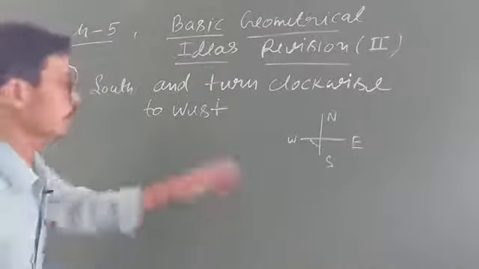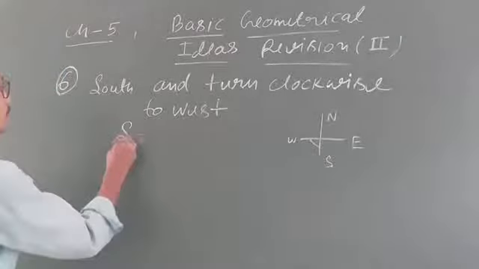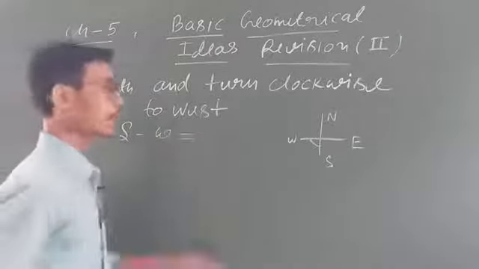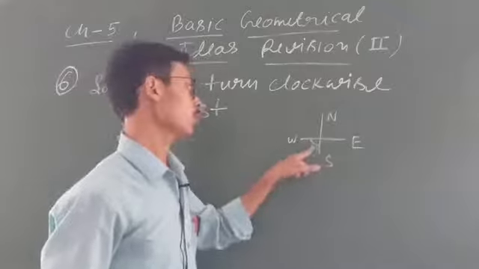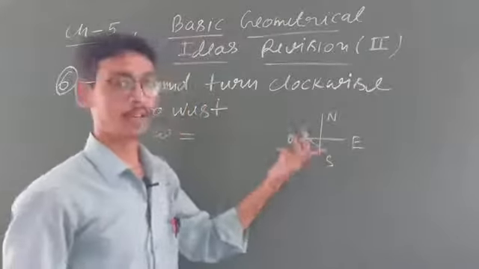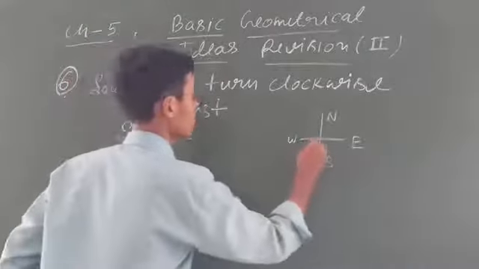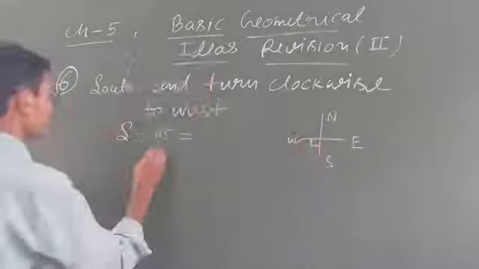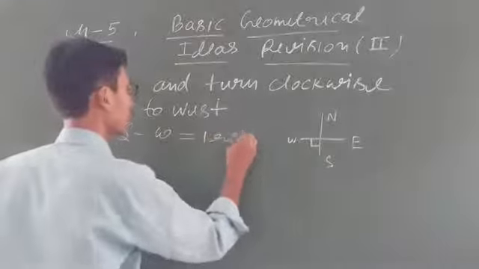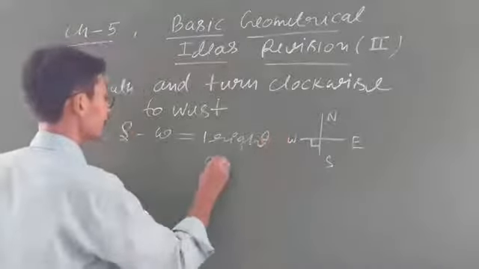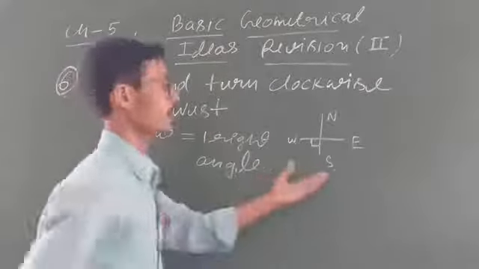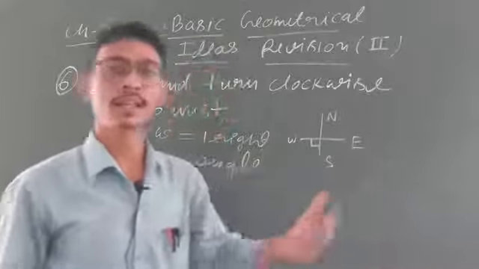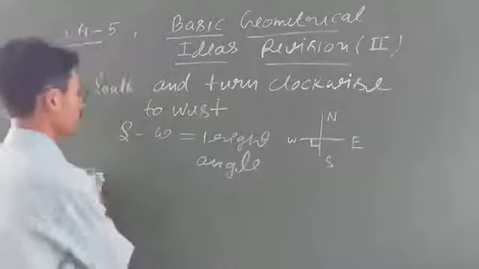Now it is given south to west. You can say only one right angle. Look, only one right angle from south to west. So you will say south to west equals one right angle, because in the diagram you can see very easily. Due to this I am saying always draw the diagram. Clear? Okay, come to the next question.